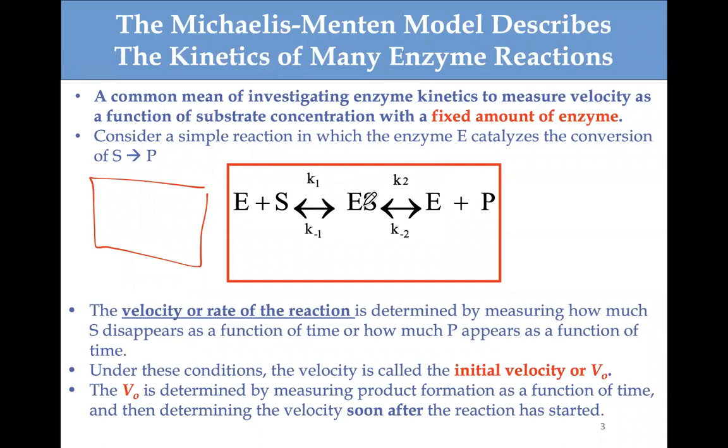When the enzyme-substrate complex reverses to separate substrate and enzyme, this is denoted as K-1. And when the product and the enzyme bind together and go back to the enzyme-substrate complex, this is K-2. So enzyme kinetics is all about the speed and rate of the reaction, and we measure it by seeing how many units of substrate disappear per unit of time, or how much product appears per unit of time.